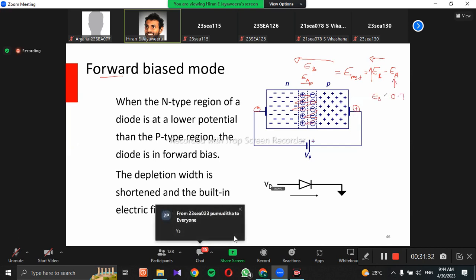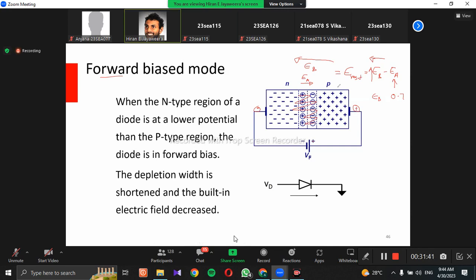If EB is higher than 0.7, you can let them move. So if this battery voltage is higher than 0.7 in the case of silicon, you kill this depletion region and you allow charged particles to move. So basically you get current flow through this one.